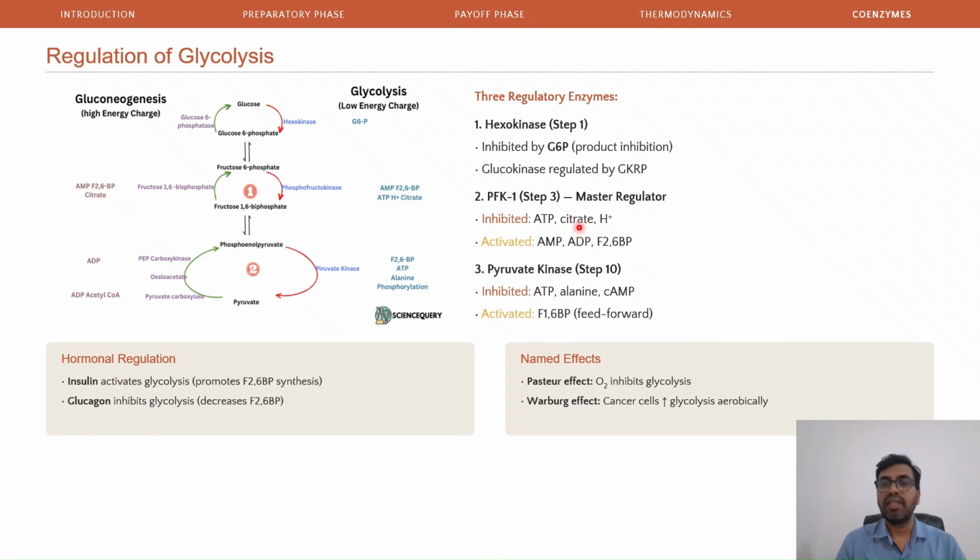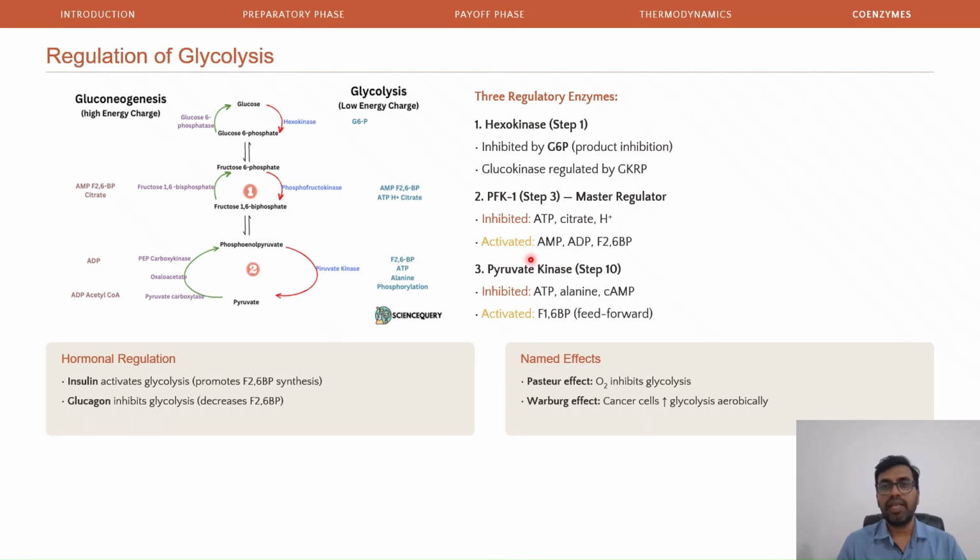Because of that, if more amount of citrate means you have already saturated citric acid cycle. So because of that, again, now this glycolysis becomes a feeder pathway for the citric acid cycle pathway. So citrate again indicates that the pathway should slow down. Because of that, ATP and citrate will inhibit the phosphofructokinase.